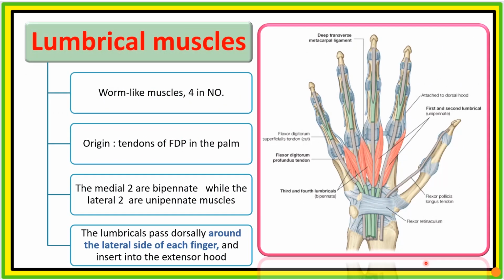The lumbricals, like their name implies, are worm-like muscles that are also seen in the hand. These muscles are 4 in number. Their origin is from the tendons of the flexor digitorum profundus as it runs through the palm. Now we have 2 medial and 2 lateral parts.